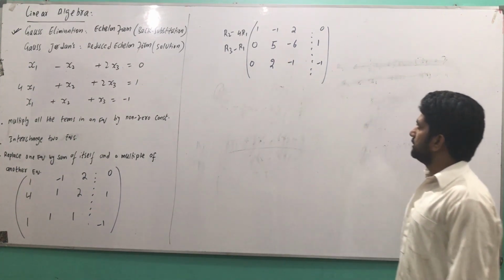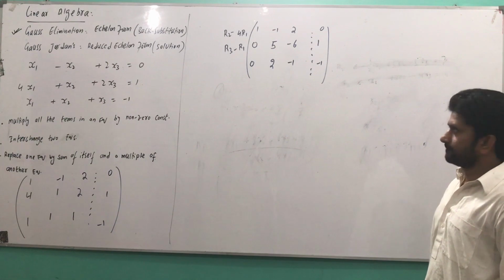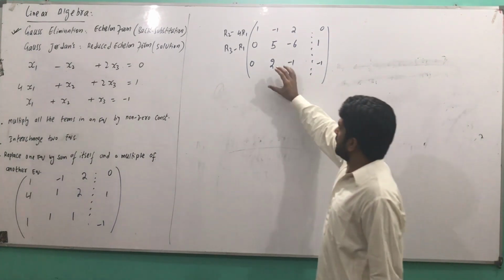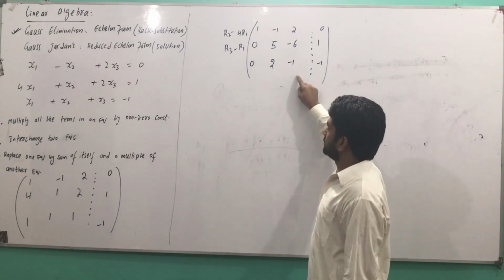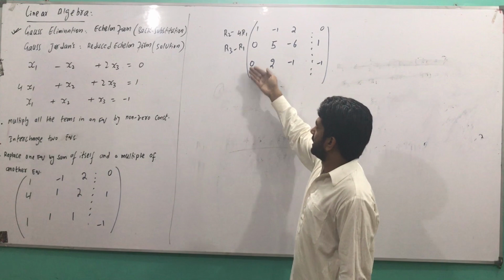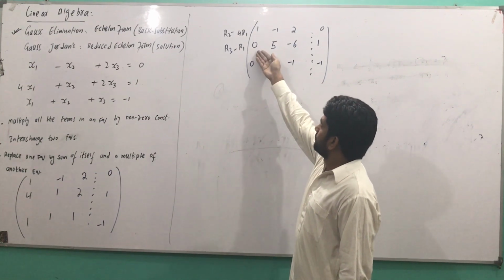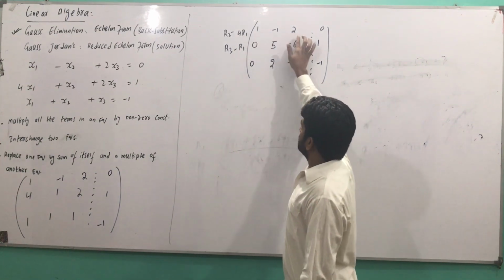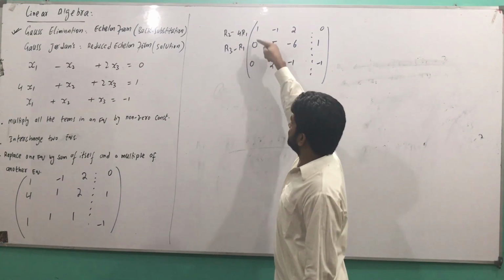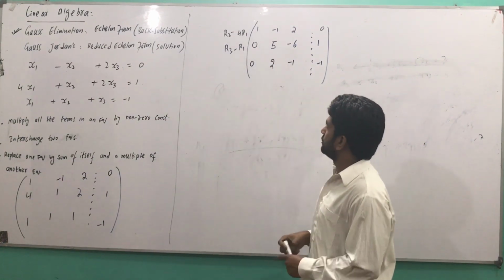I want a 1 here. So look at class, if I do the operation with R3, this will not change, because when you multiply with 0 and add, nothing will happen. But if you do it with R1, this will change. So our aim is not to change these 1, 0 and 0.